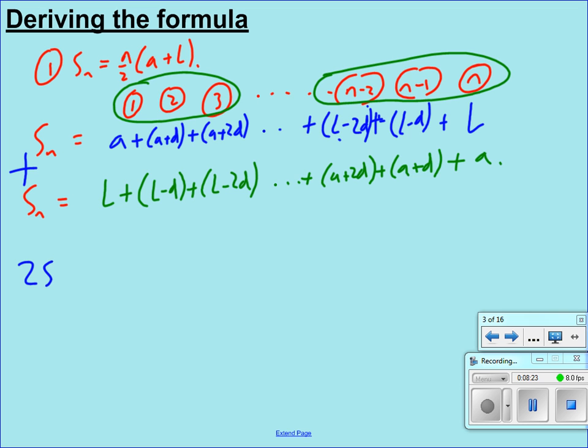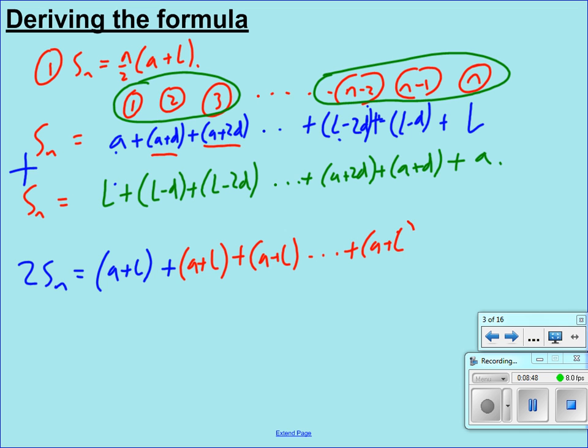So I get 2Sn equals A plus L, plus, here I've got A plus D plus L minus D, which gives me A plus L. Here I've got A plus 2D plus L minus 2D, which gives me A plus L, dot dot dot, plus A plus L, plus A plus L, plus A plus L.